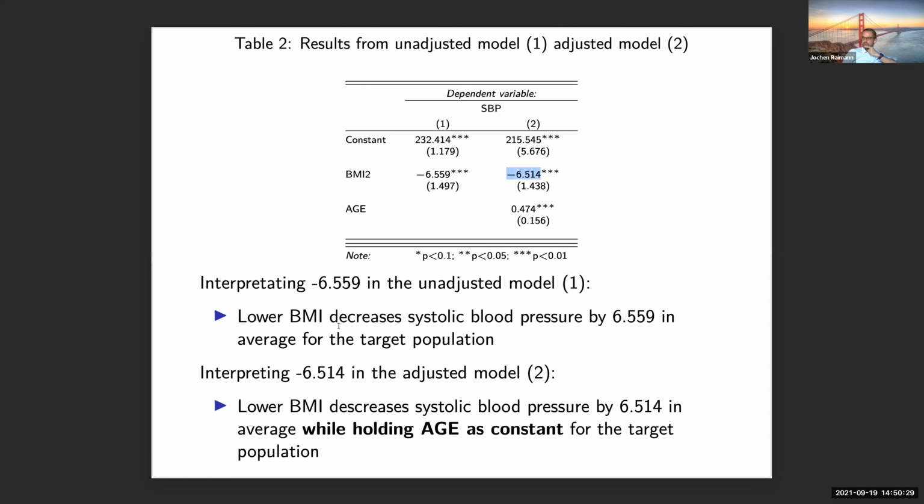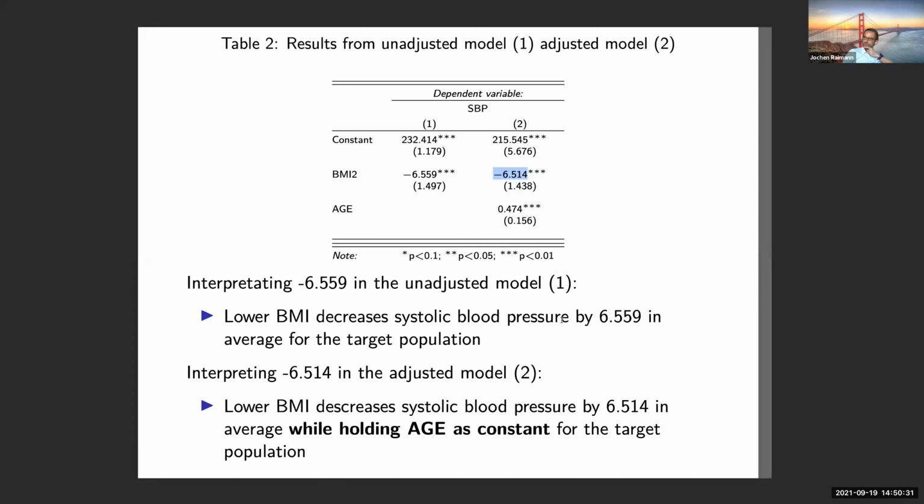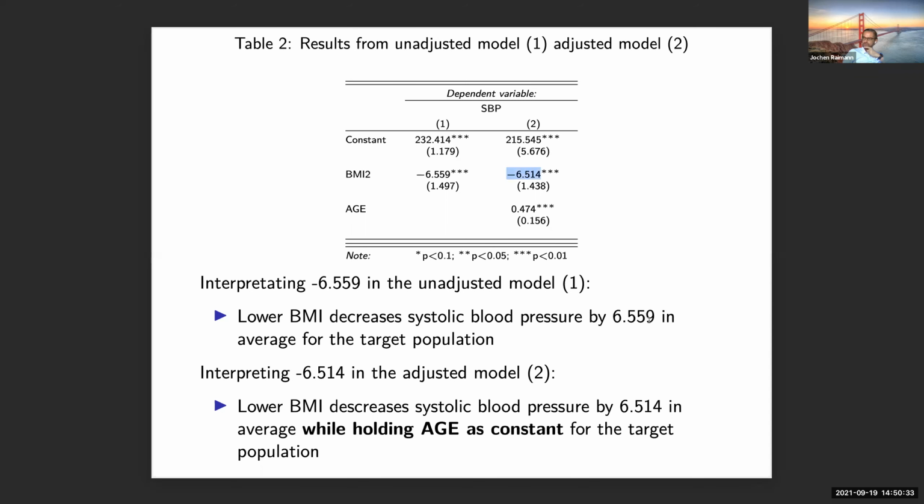So lower BMI will decrease systolic blood pressure by 6.559 on average for the target population, whereas the interpretation in an adjusted model decreases the difference to 6.514. So lower BMI decreases systolic blood pressure by 6.514 on average while holding age constant, as I said, for the target population.